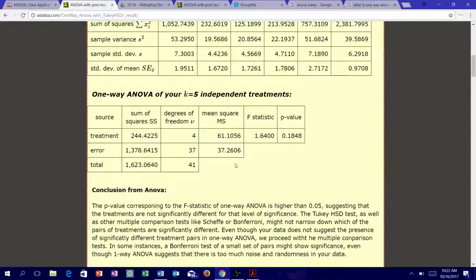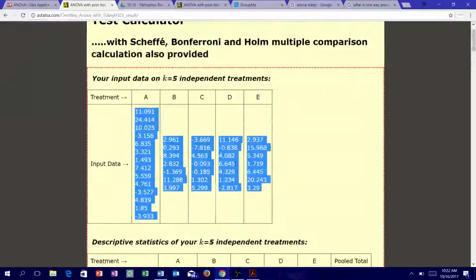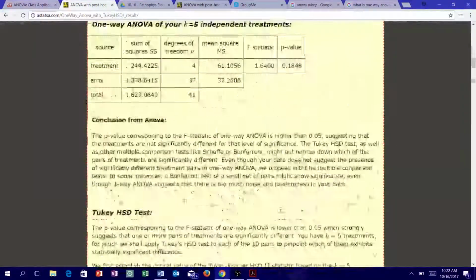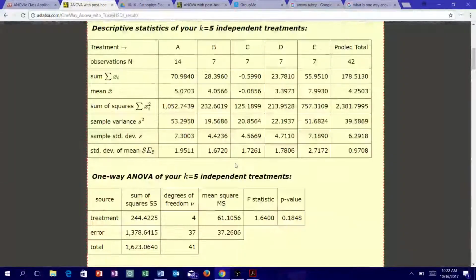Okay, so the p-value is greater than the alpha, so there's not a statistically significant difference between any of the groups, right? Yeah, they're all red, all not significant. Alpha is 0.05 again. In the Tukey, you don't adjust the alpha level.